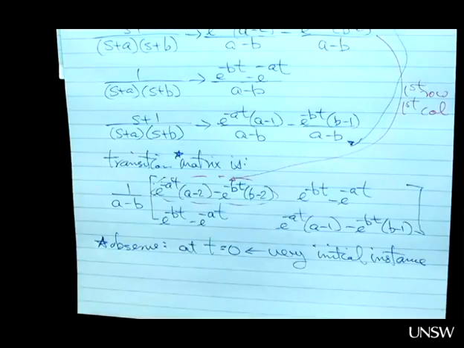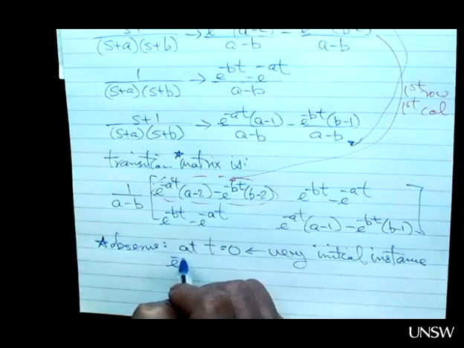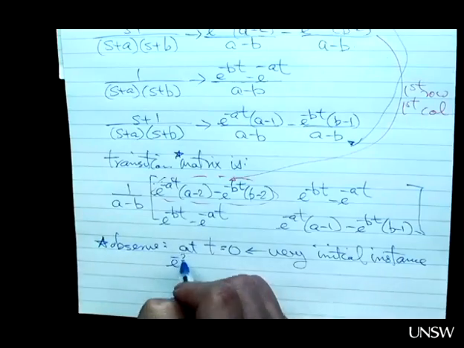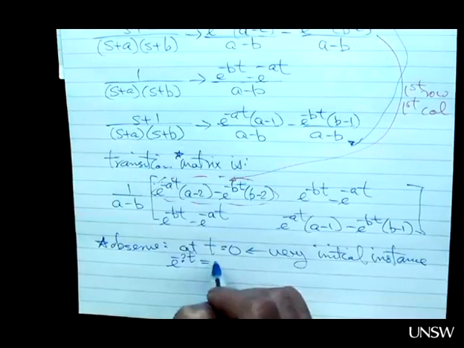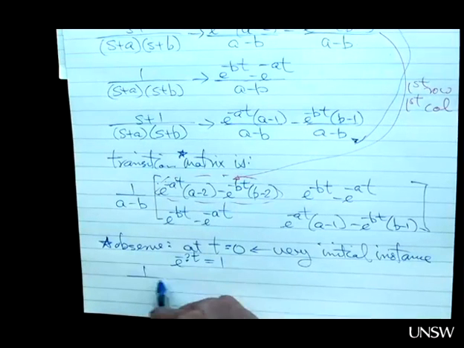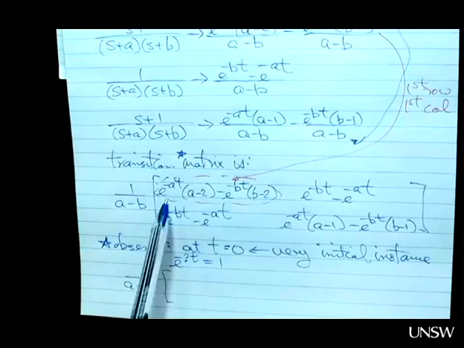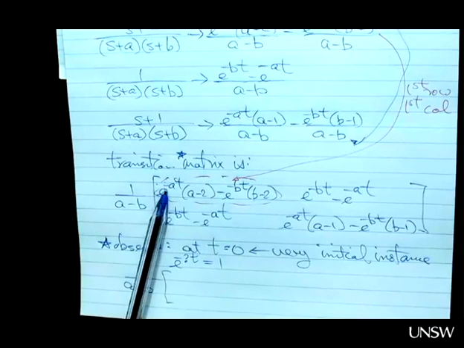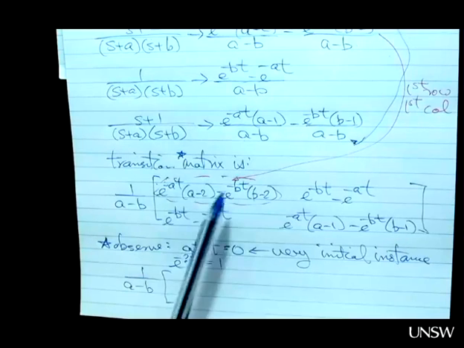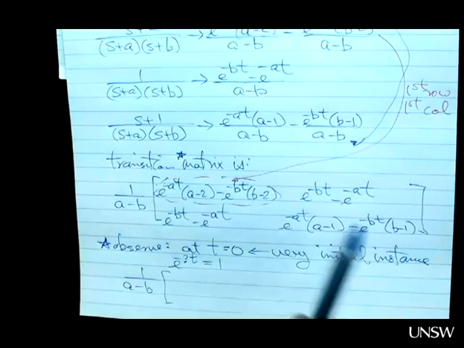So in this case, the exponent minus whatever t becomes 1. Then the transition matrix becomes A minus B. So this term is 1. This term is also 1. And then we have A minus B. And then the minus 2 cancels each other. Okay. So we have the A minus B.